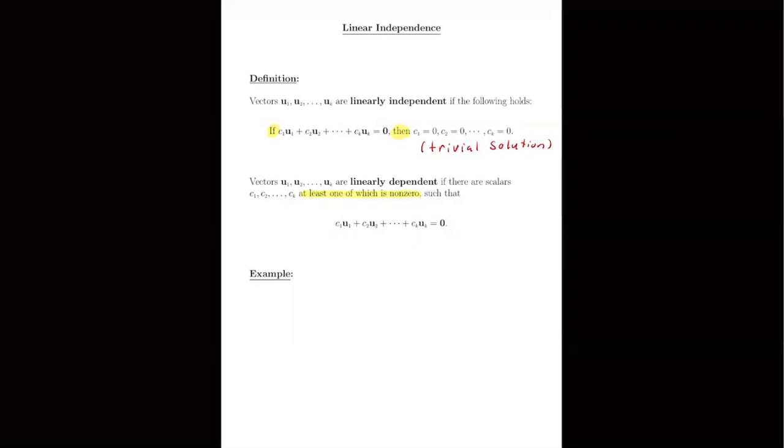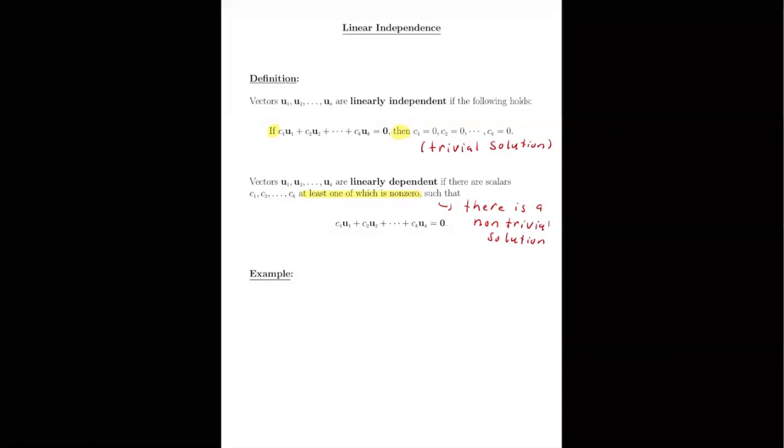So in other words, this equation has a non-trivial solution. Now, we're not saying that none of the coefficients can be 0. You can still have 0 coefficients. The key is that at least one of the coefficients is non-zero.